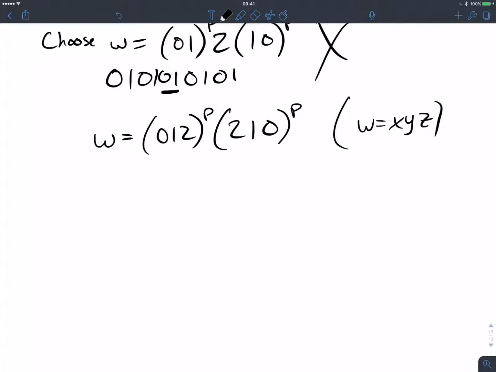Because if I have 0,1,2,0,1,2, etc., if y was the single 2, and I axed that guy, then the 1,0s would go up on the left. So I'd have one more 1,0 substring on the left and the same number on the right.